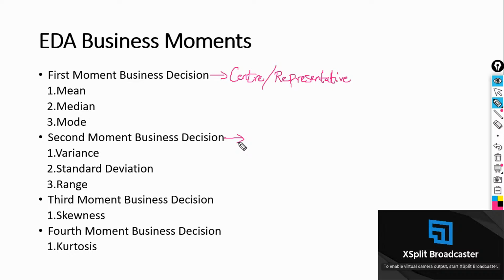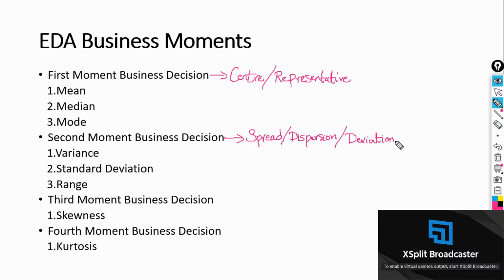What does second moment business decision measure? It measures spread, or it measures dispersion, or it measures deviation.